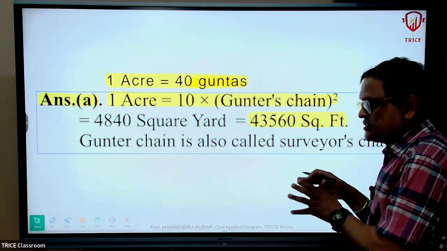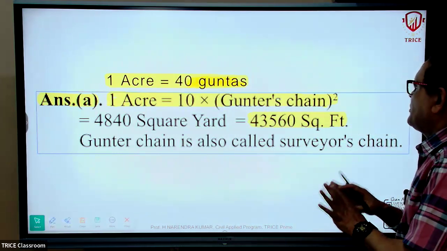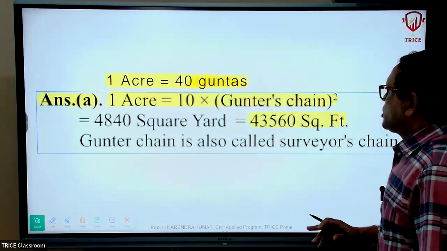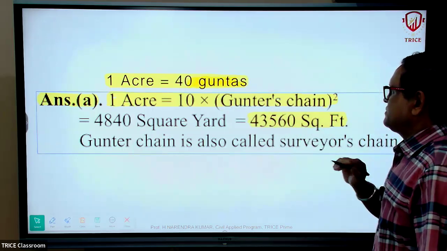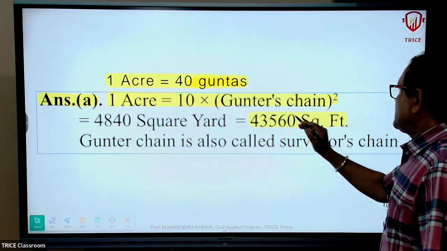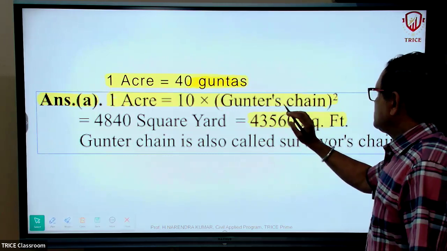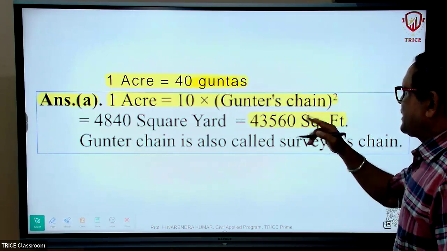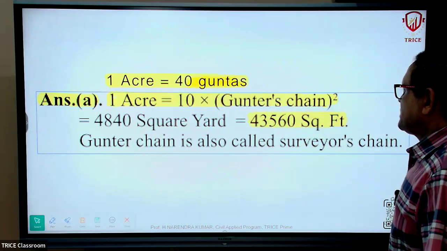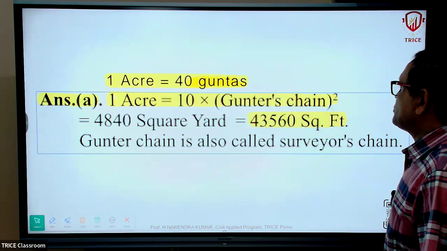You can work out. That is how you need to work out. Everything you need to remember. And also, 1 acre is equal to 10 into guntas chain, squared. That is another answer. Next one is 4840 square yard.